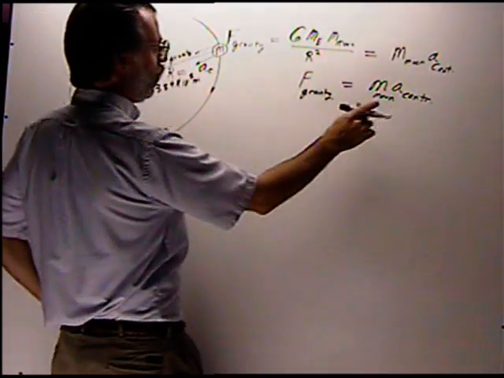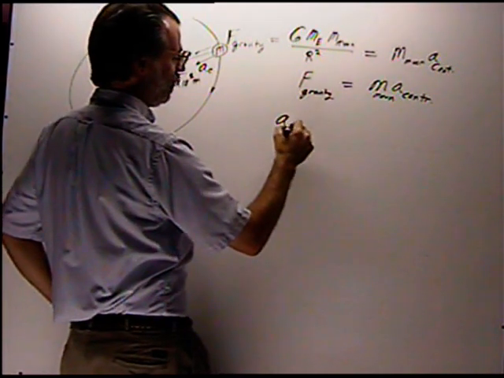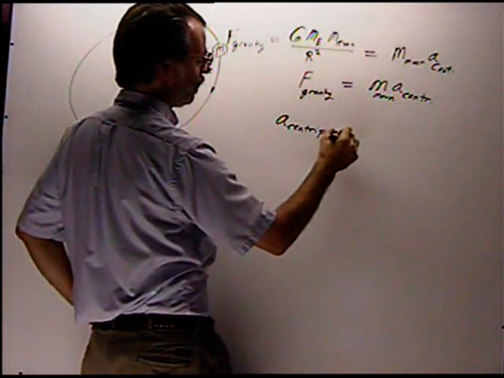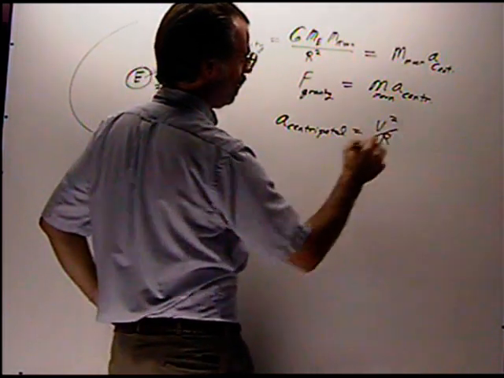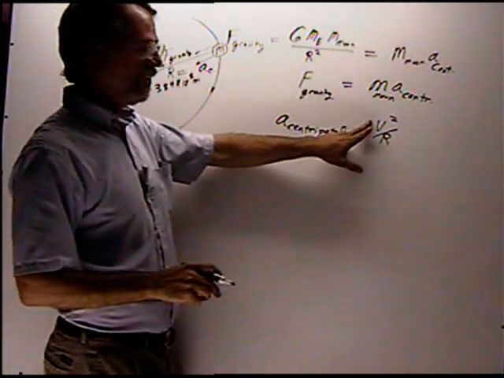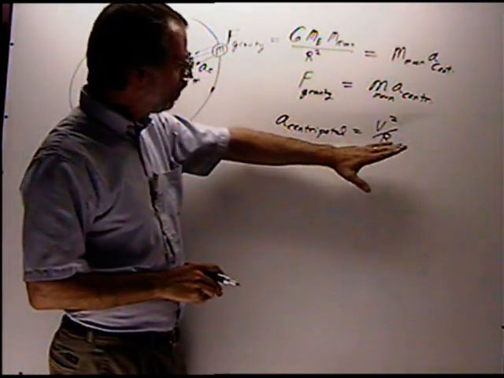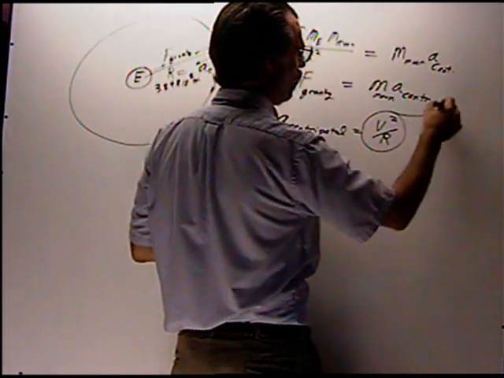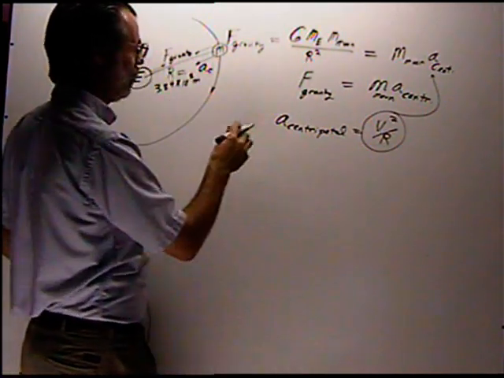Okay, so what is the value of the centripetal acceleration? The centripetal acceleration, as we derived before, is v squared over r. Remember, it's the tangential velocity squared divided by the radius. Okay, so we're going to put this right into the acceleration term.